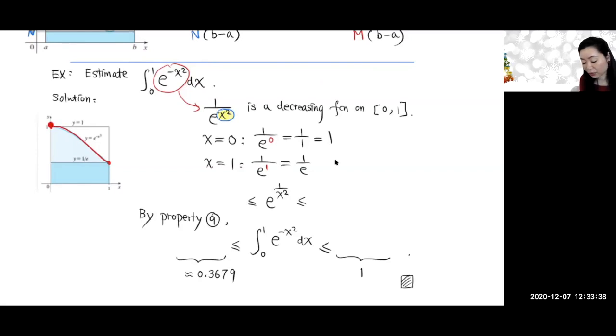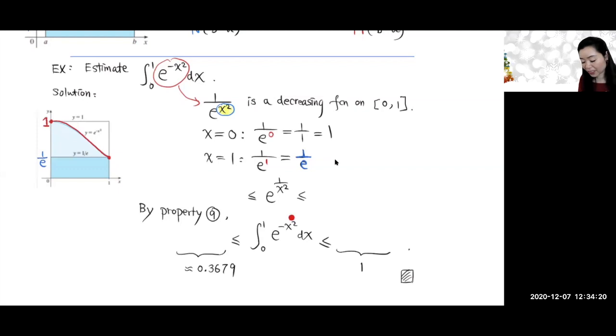Because this is a decreasing function, the y coordinate at this point here is the lower bound for this function on this interval, which is 1 over e. And the upper bound over here is 1.